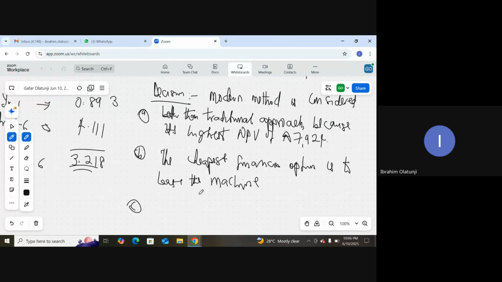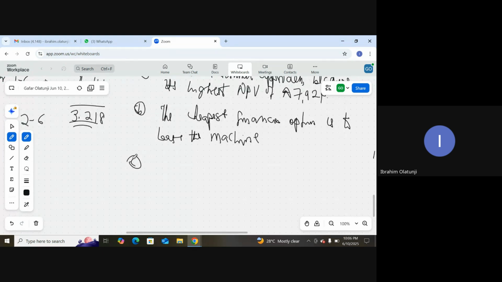So C part, we say what are the other matters that need to be considered before we can decide, based on the question? What other matters need to be considered before finally deciding which method of financing should be adopted?